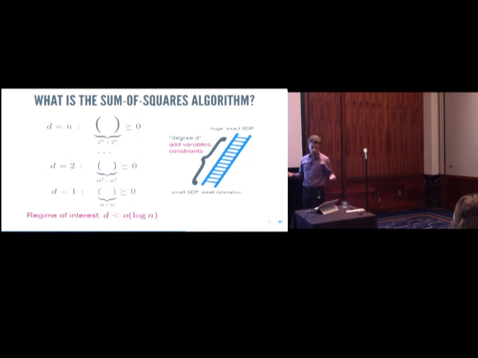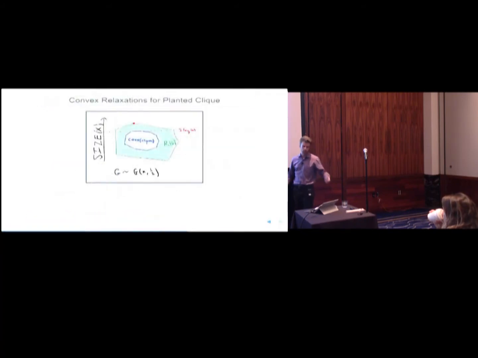That's our goal. And the regime of interest for us will be when this degree parameter d, which roughly tells you the size of the semi-definite program that you're working with, is less than log n. Once it becomes log n, the algorithms already look like they're running in quasi-polynomial time, and we know that you can already solve planted clique there. So a little more precisely, what is the algorithm that we have in mind to possibly solve planted clique that we want to rule out?